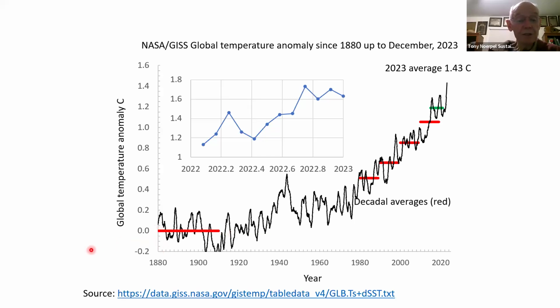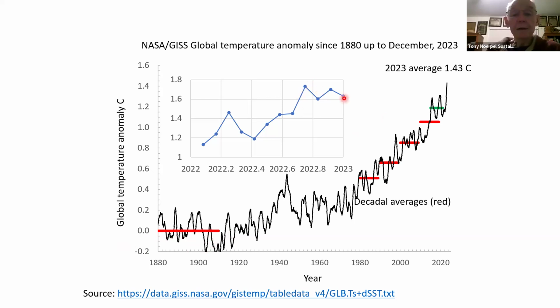Everybody else uses 1850 to 1900, and it was cooler here. So there's about a tenth of a degree difference, and so the Berkeley Earth system is 1.54 degrees for the year. So you add a tenth of a degree to all these things, and that's the more legitimate level, because 1850 to 1900 is what they are now assuming is the baseline to compare it to.